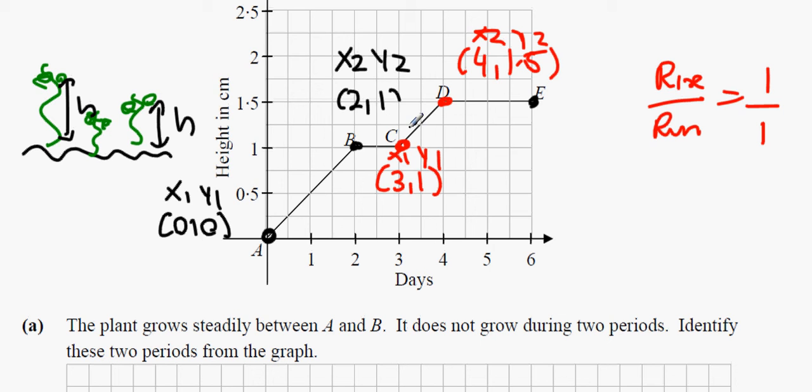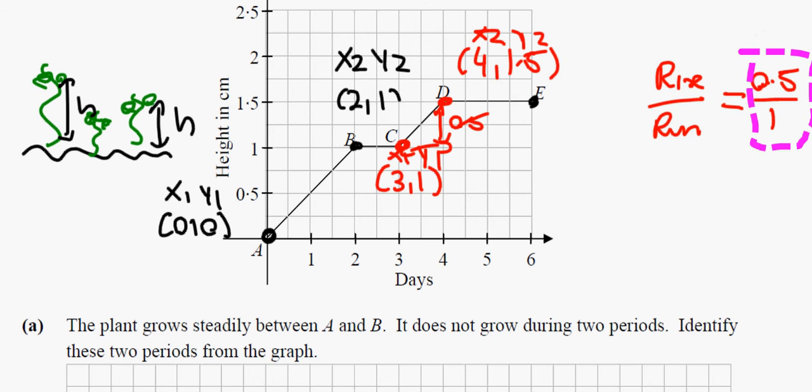Sorry guys, excuse me, the rise over run, if I just do this again, it's 1 across and it's 0.5 into the air. So it would have been 0.5 divided by 1 for the rise over run. You can put that into your calculator and what you'd get would be a half.